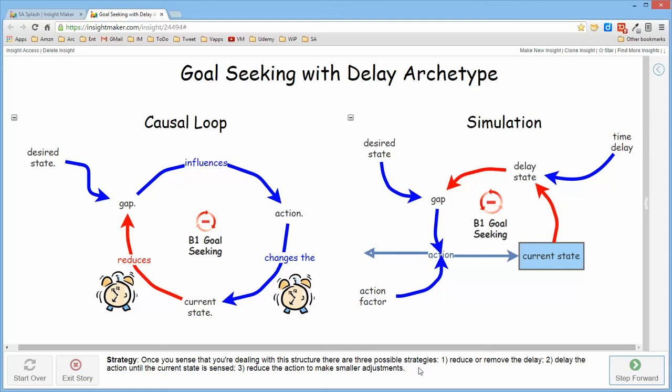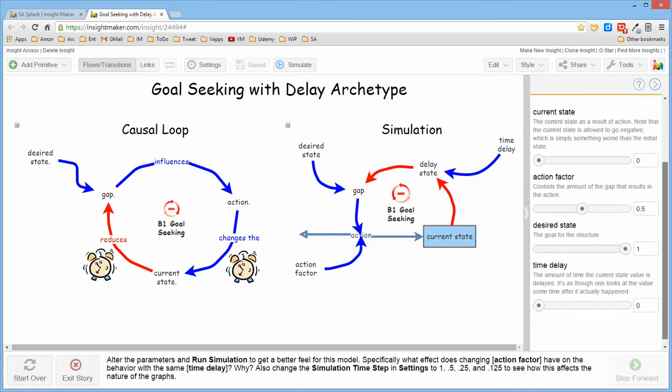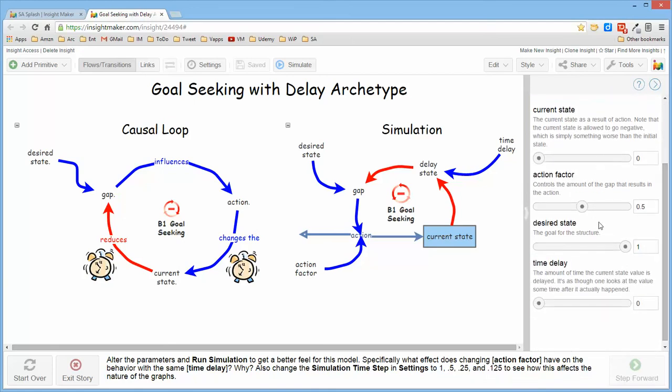The one that is most appropriate depends upon the actual structure that you're dealing with. And I encourage you to go ahead and access this model and change the values of the current state, the action factor, the desired state, and the time delay to get a sense of how those factors influence the behavior of the structure.